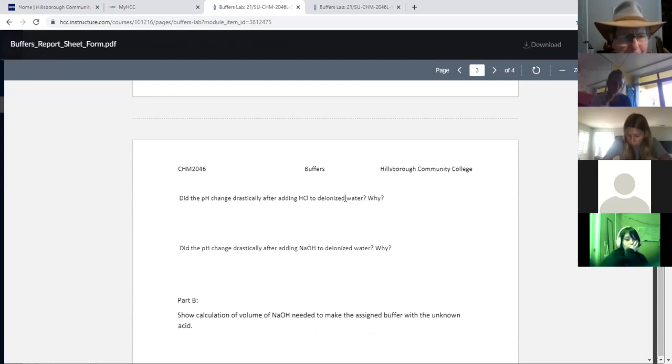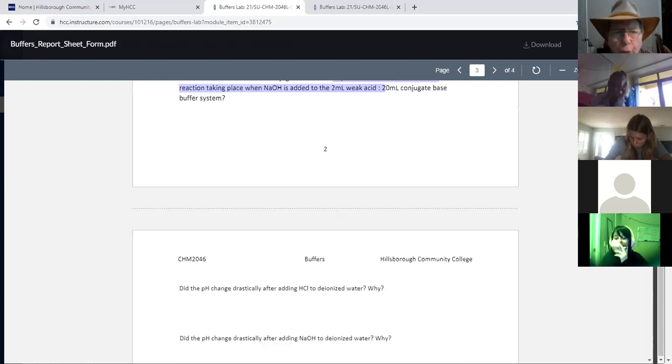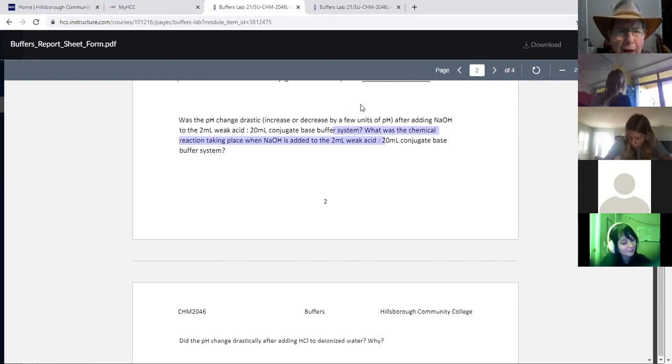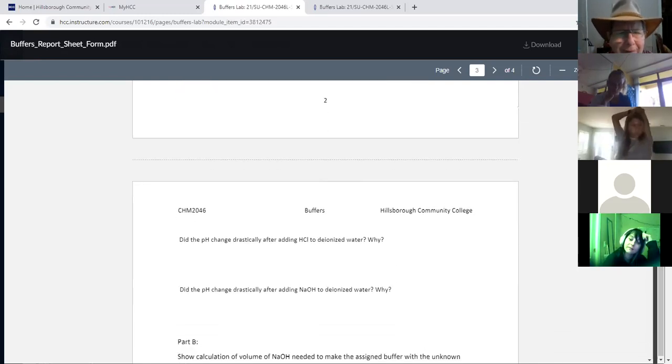Come on, Jessica, help me out here. I'm adding base to water. Thank you. If you add base to water, it's going to go up. The only thing this is trying to do is make you think. It's trying to show you that when you add a base to a buffer, the pH doesn't change that much, but when you add it straight to distilled water, it does change.